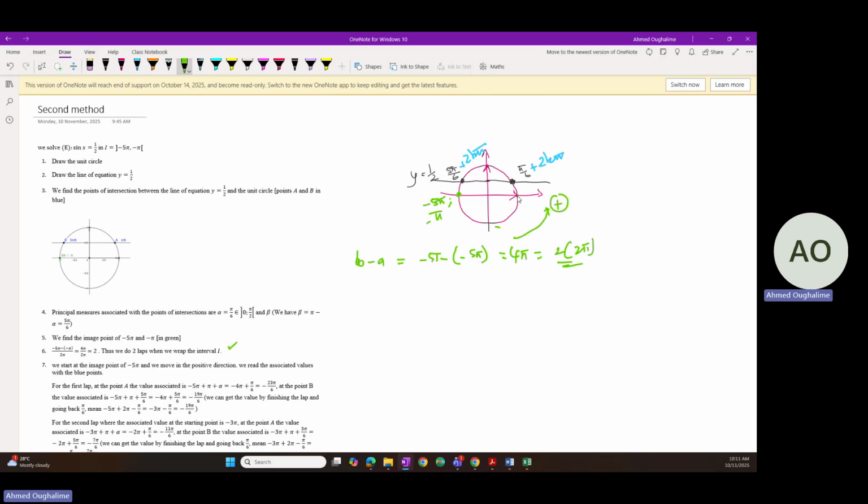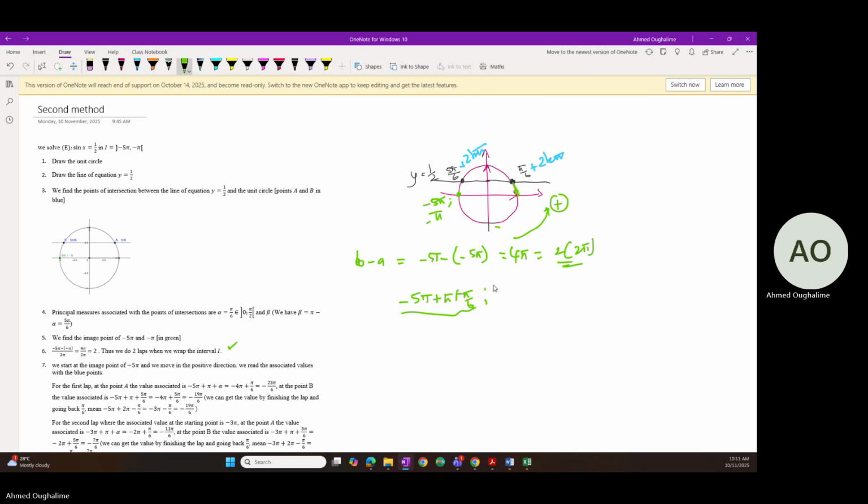Here, this is negative 4 pi. So this distance here is how much? It is pi over 6. So I have negative 4 pi plus, going in the positive direction, pi over 6. So the first value is negative 4 pi plus pi over 6. This is the first value.